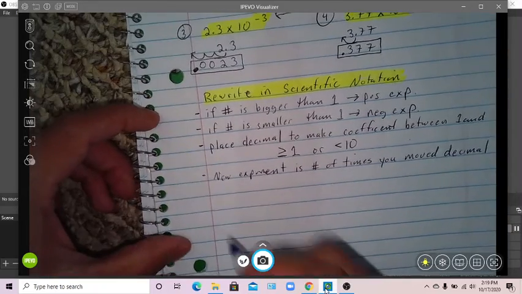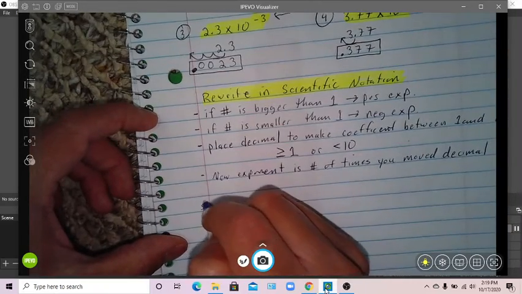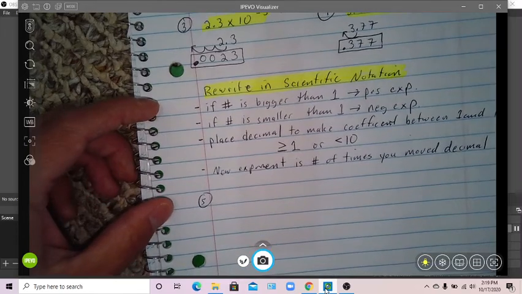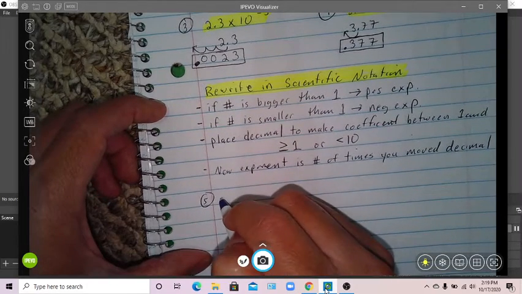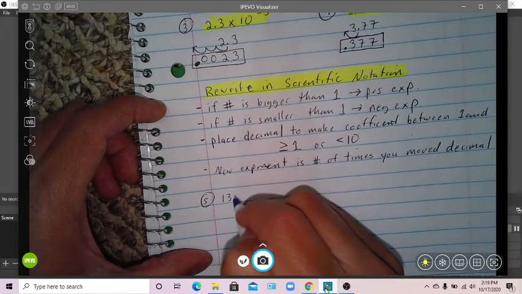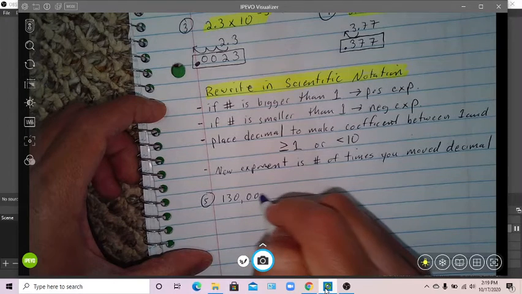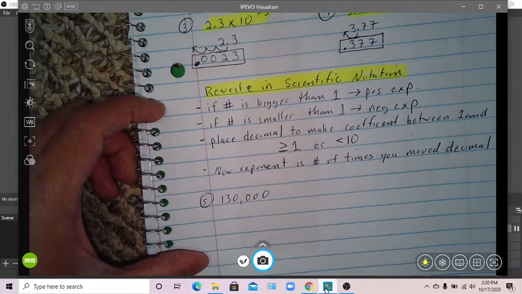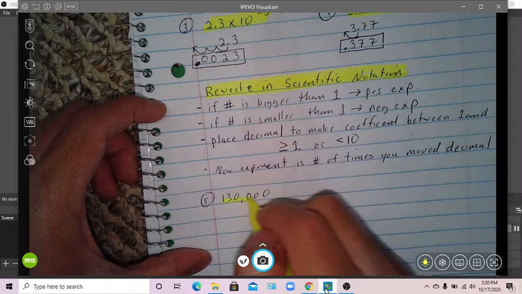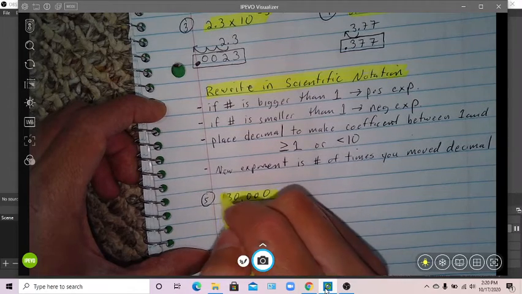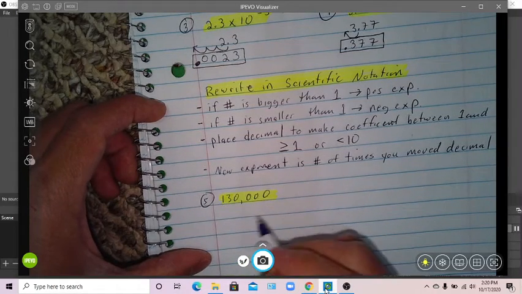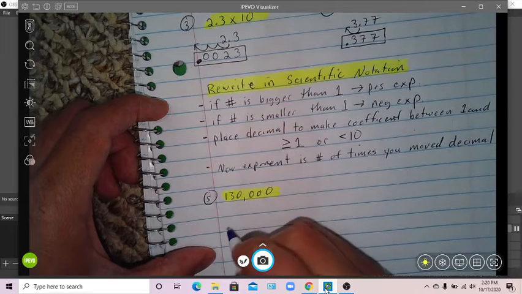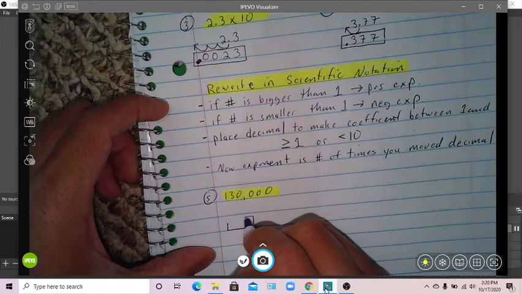So this is number 5. For number 5, IXL might give you something like this: 130,000. And for your answer, you'll have a box.